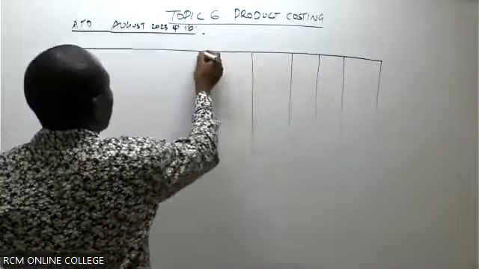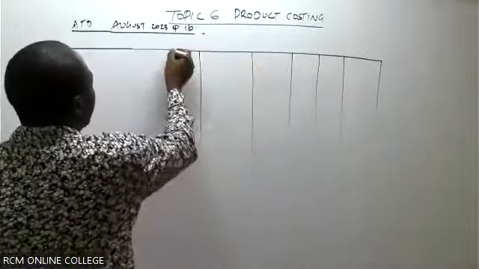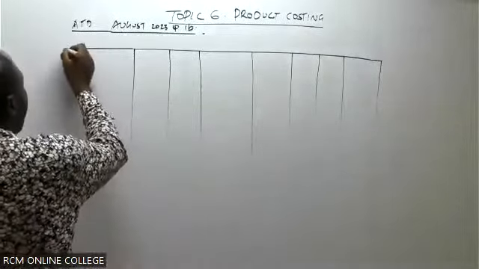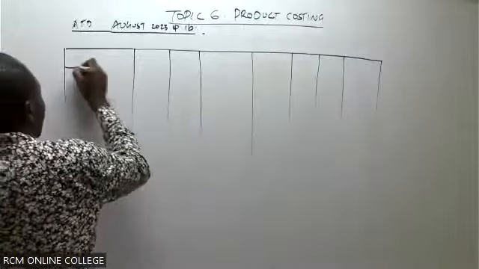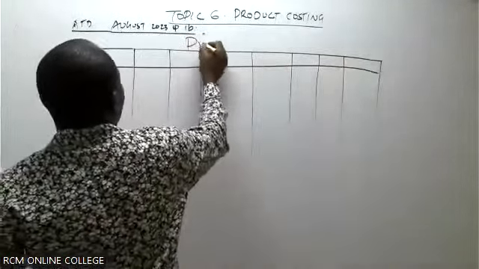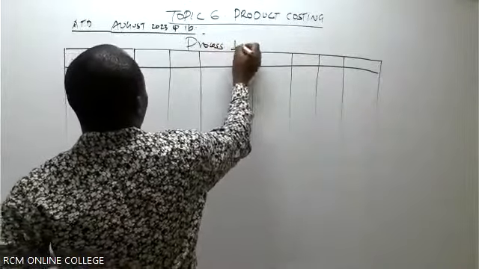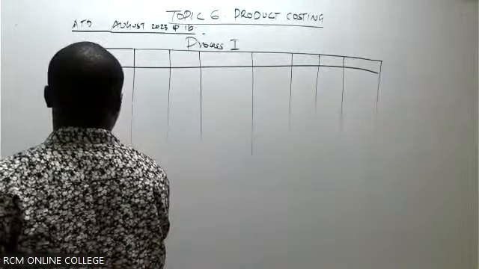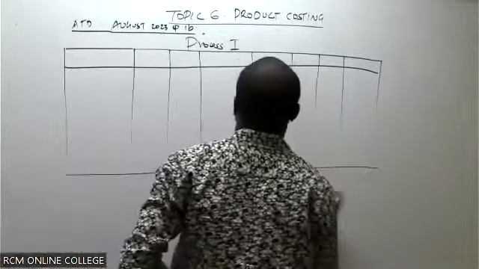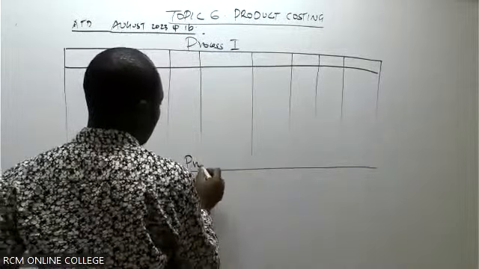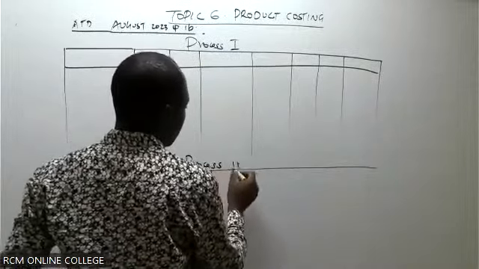Then here we have amount, cost per unit, we have unit, and then we have particulars or details. So this is what we call process one. I'll do the same thing down here for me to move to process two.